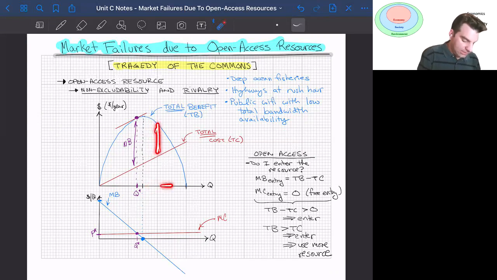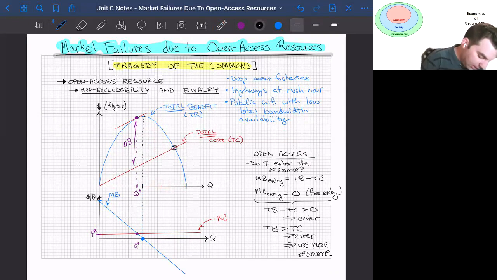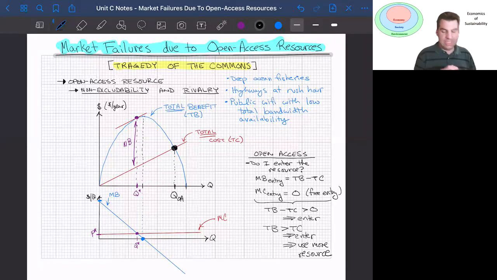And then they'll increase, and so on and so forth, until eventually you end up getting the open access equilibrium, which is over here. And so this, which I'm going to call QOA, is the level that you would expect the resource to be exploited under the open access condition.